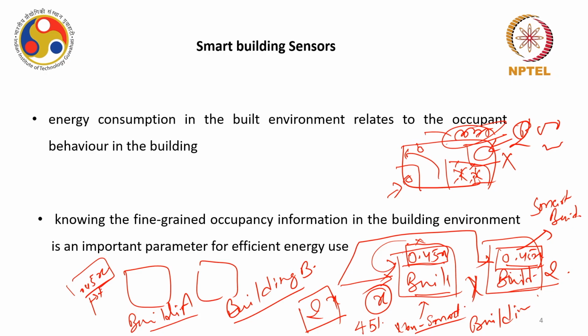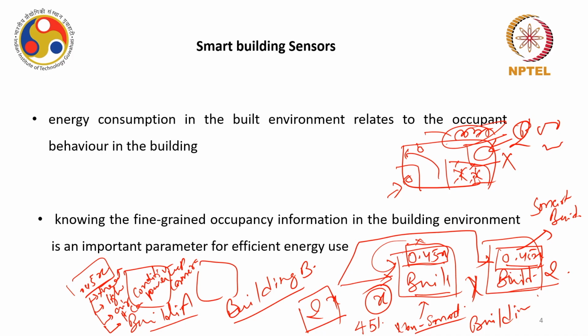It can be for providing heat, for providing lighting, consumed by air conditioning. It can power up cameras and other things, right? So this pattern of consumption of energy actually defines the behavior of the occupant inside the building.